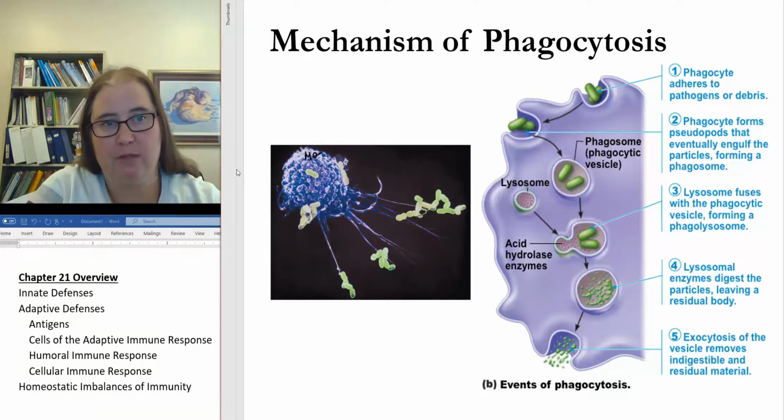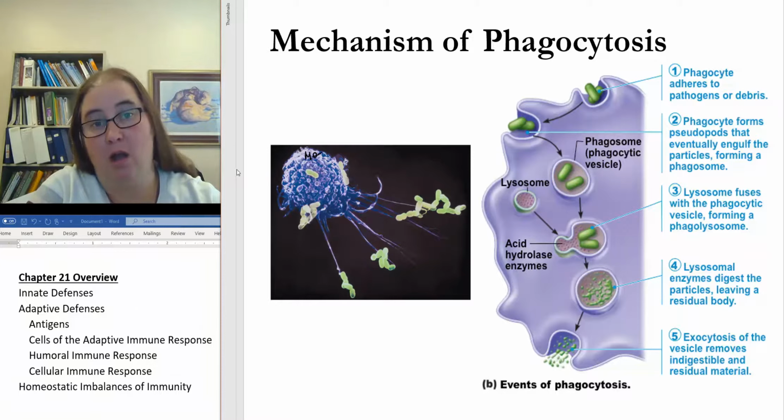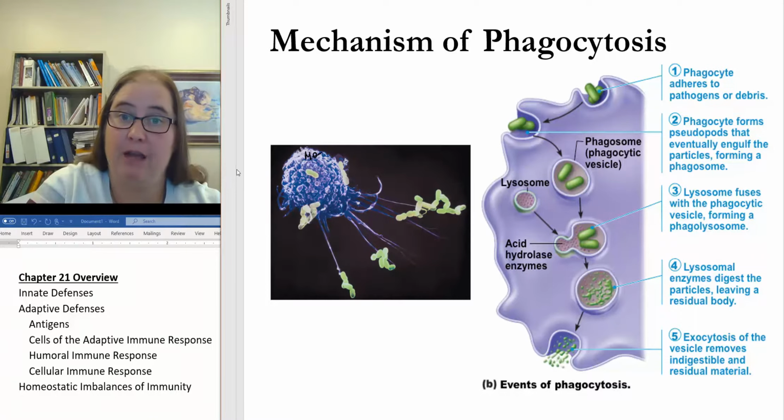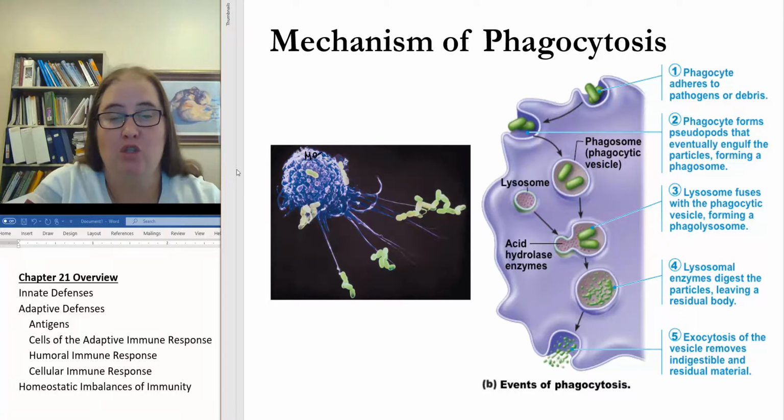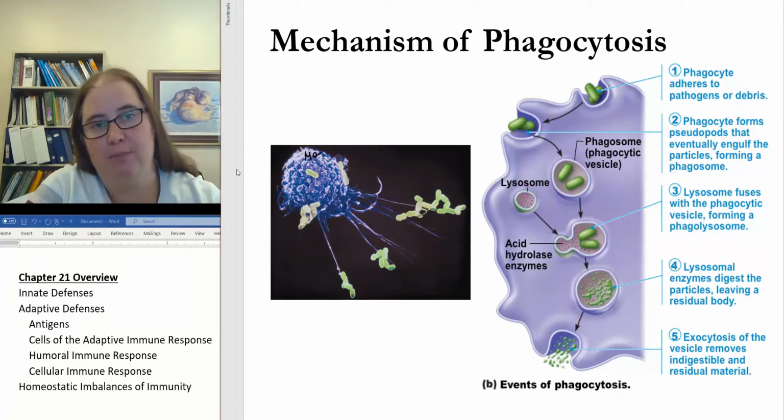It forms these little things called pseudopods, okay? And once this pseudopod cuts off, it forms something called a phagosome. A phagosome is a phagocytic vesicle. So now you have this pathogen or infectious material inside of a vesicle.